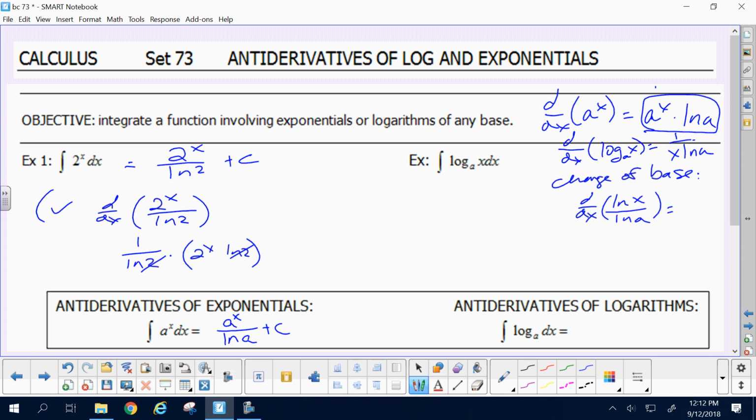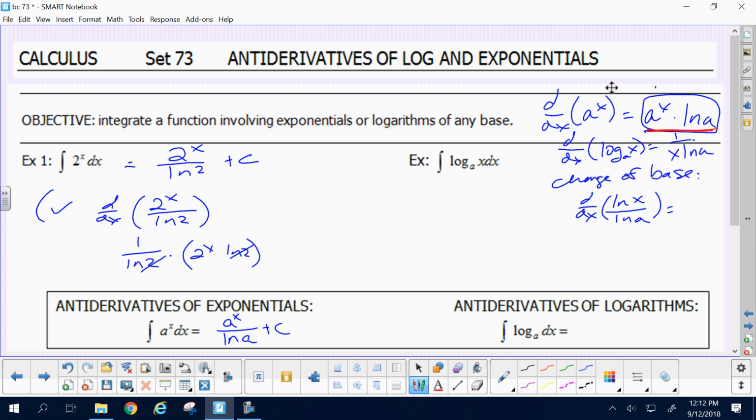Right? All right. The other one is not so intuitive. So this one, we use the derivative to get the antiderivative. And that actually made sense because the a to the x appears in the derivative.